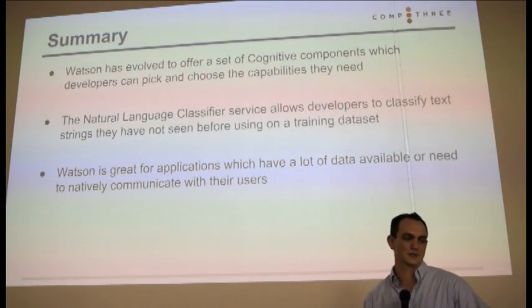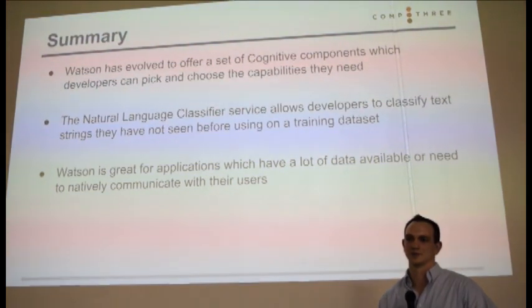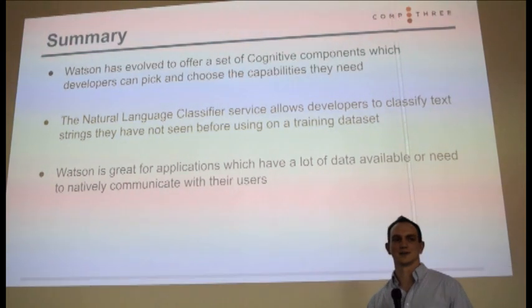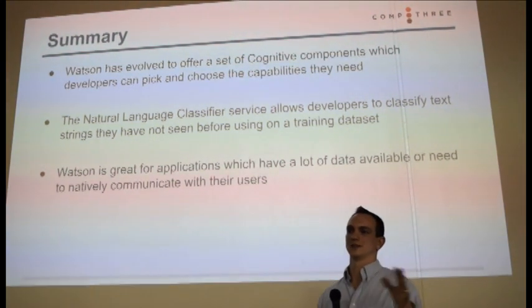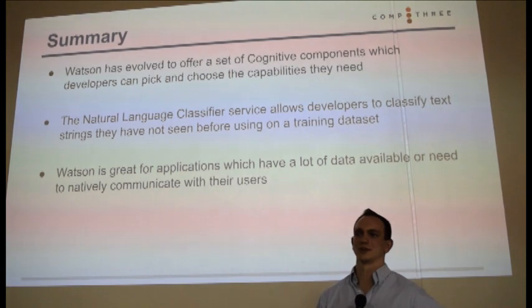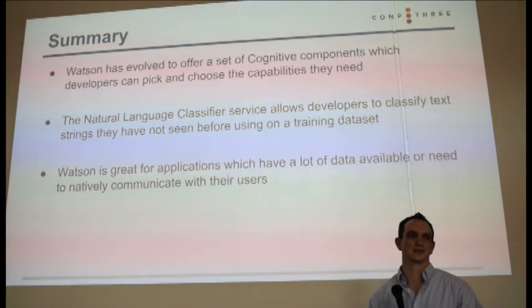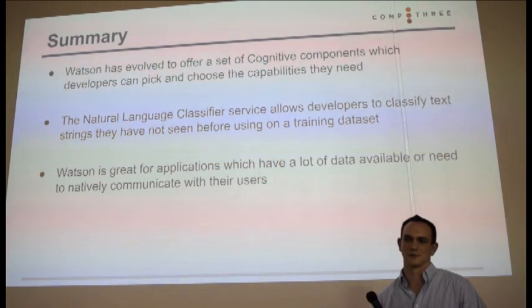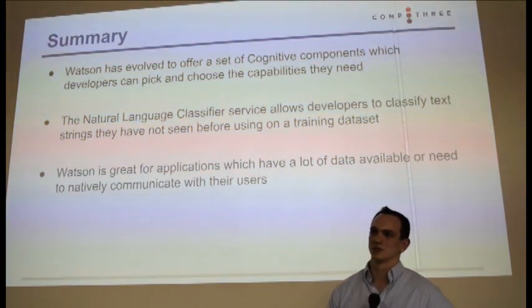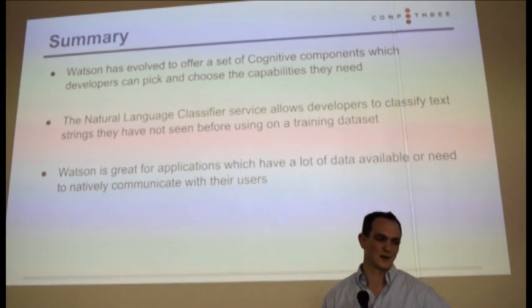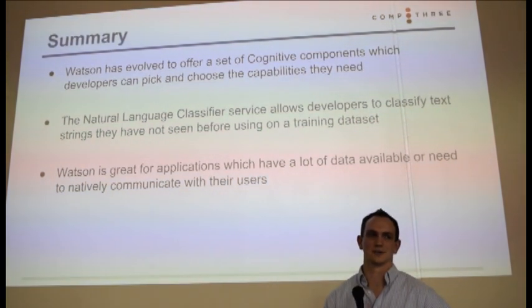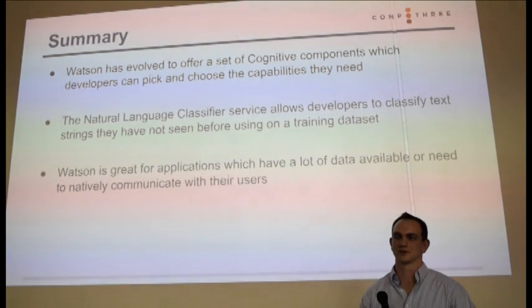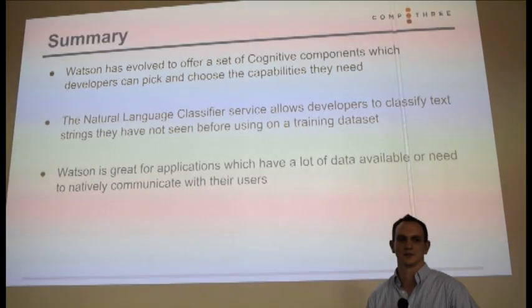The natural language classifier in particular allows you to take a training set of data that's tagged, feed it into a classifier that then gets trained, and then you can give it new strings to categorize. And then lastly, Watson is great for any data-heavy applications that need to communicate natively to human beings, and that's really a focus. If you're looking to add Watson to your app, if you fit those criteria, you should definitely take a look at the services.